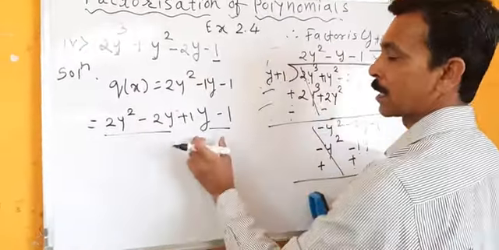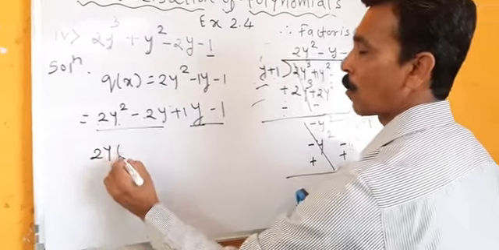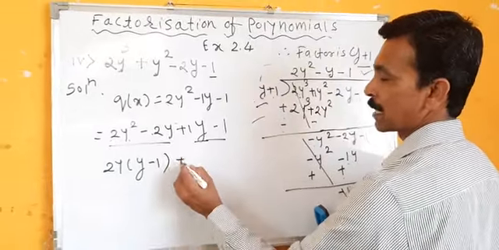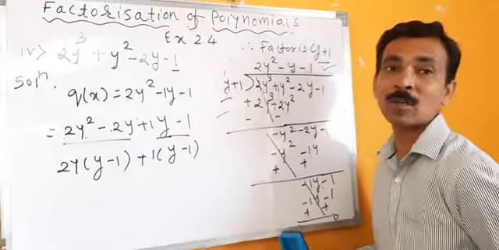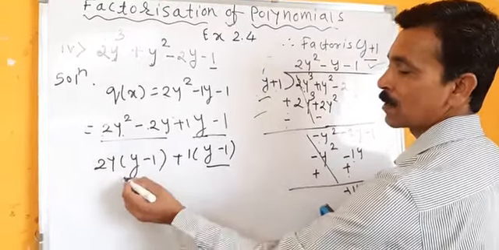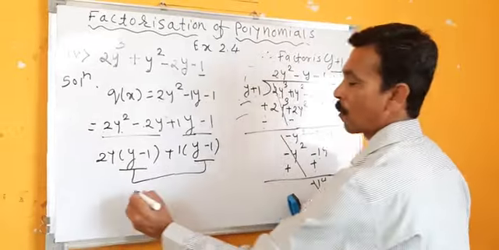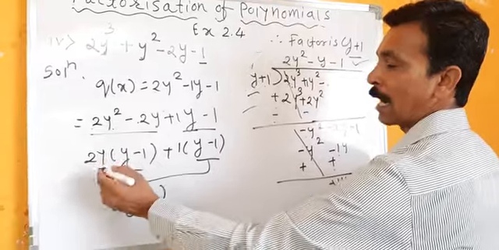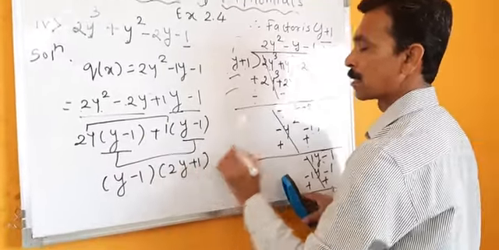Right? You pair it and then take common from 2y square minus 2y. 2y is common. In the bracket y minus 1. Plus from the second pair 1 is common. Inside the bracket y minus 1. Now from y minus 1 and this second bracket, both the brackets you have to take y minus 1 as common. 1 means one bracket y minus 1. And in the second bracket uncommon. What is uncommon? 2y plus 1.